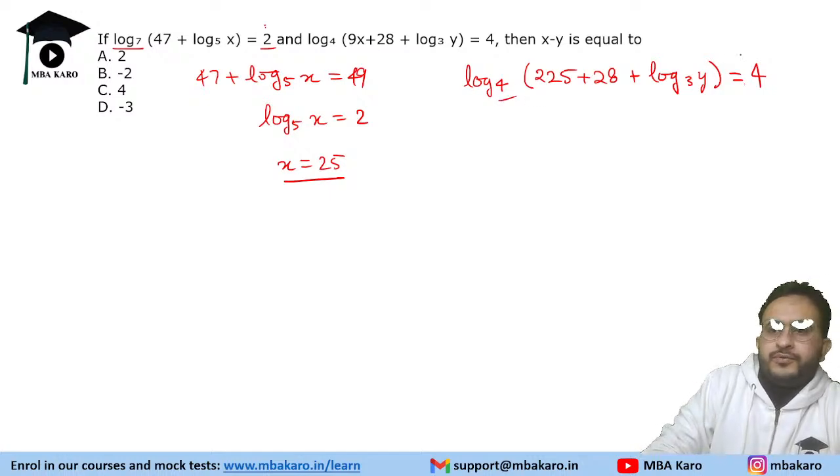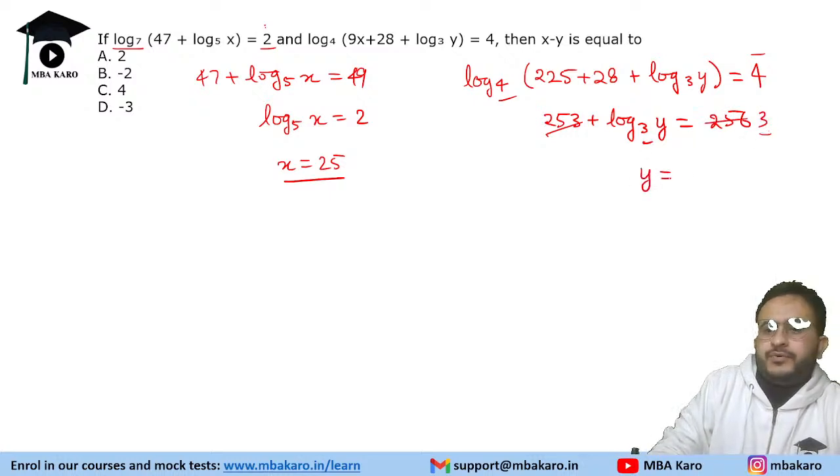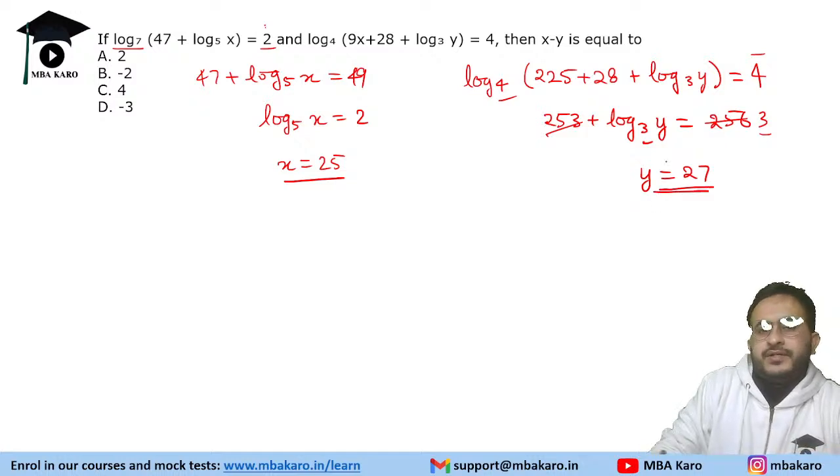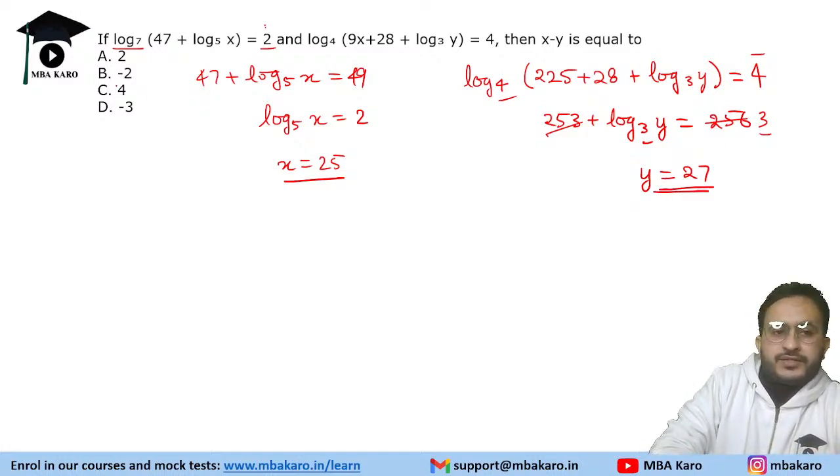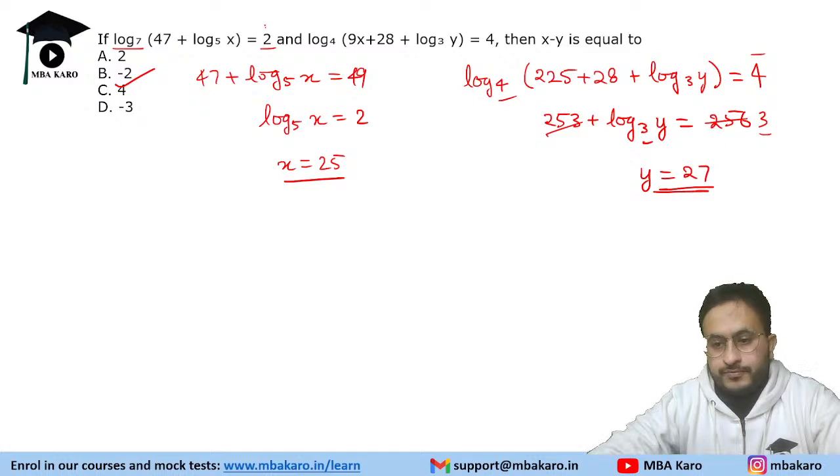So this is 4 to the power 4, 256. 253 plus log 3y is equal to 256. So that is 3. Okay. So this is 3 to the power 3. y will be equal to 27. So x minus y is asked. So that will be minus 2.